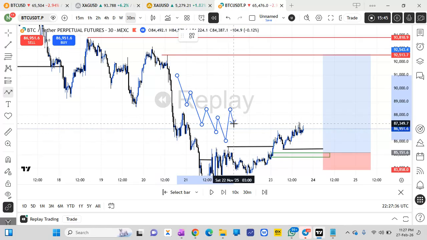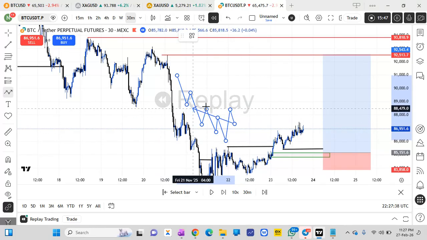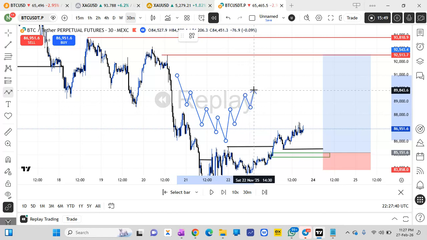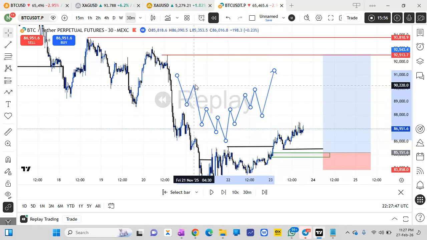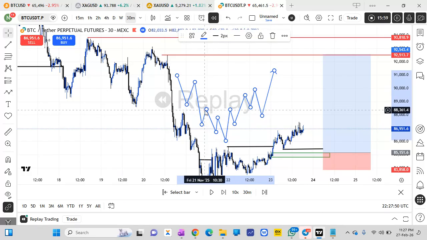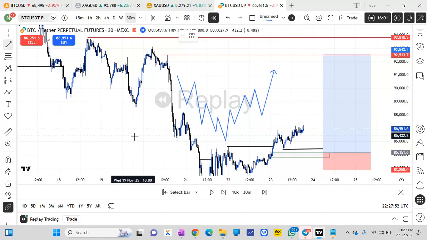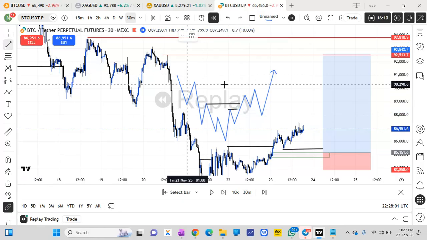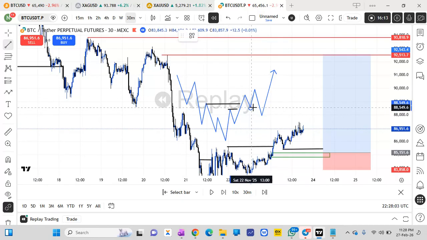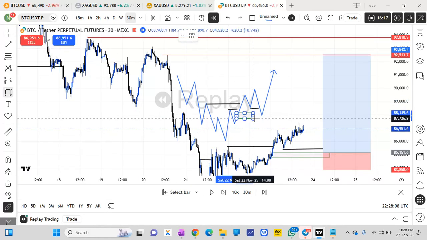In this case, it also gave an inducement, broke this high, broke this high, gave an inducement, went up like this. So the market took out this high, took out this high, gave an inducement, and reacted from the POI.